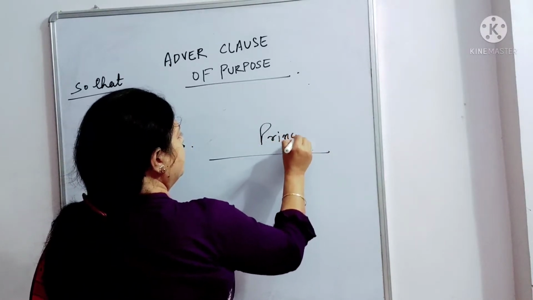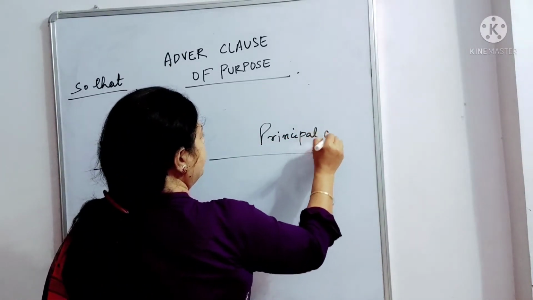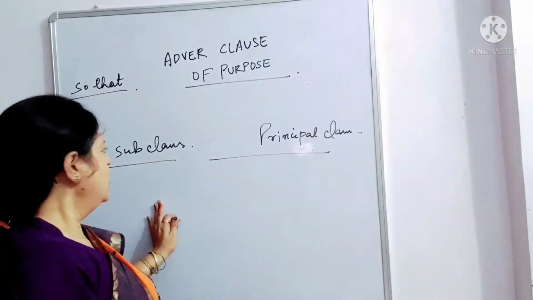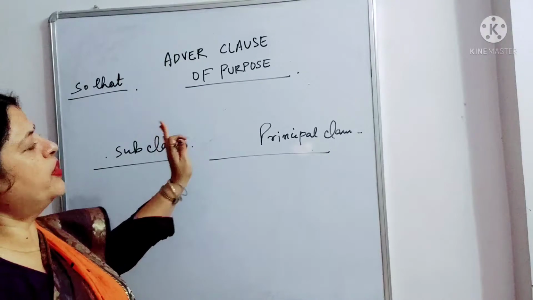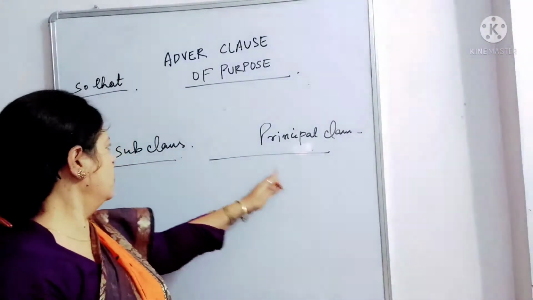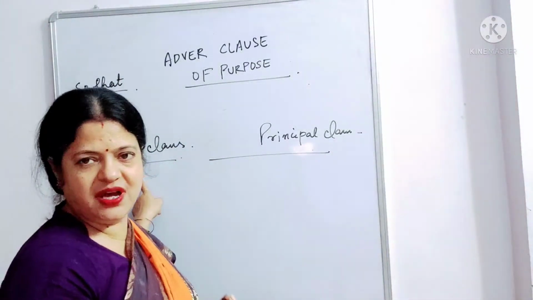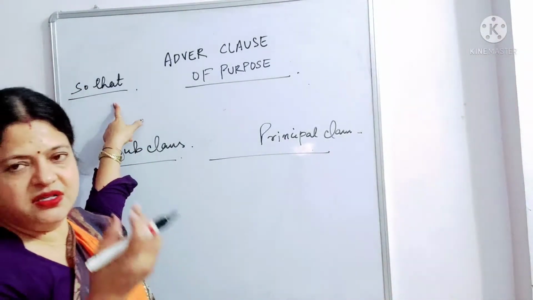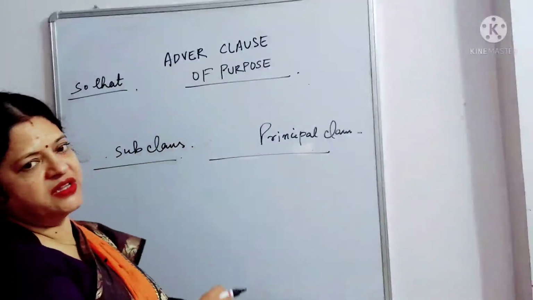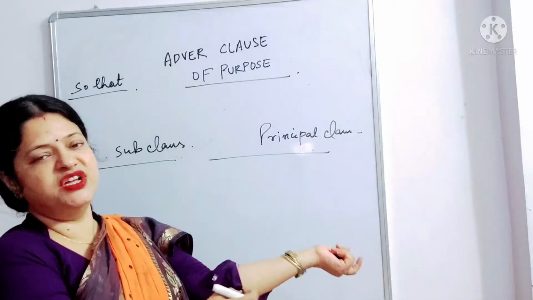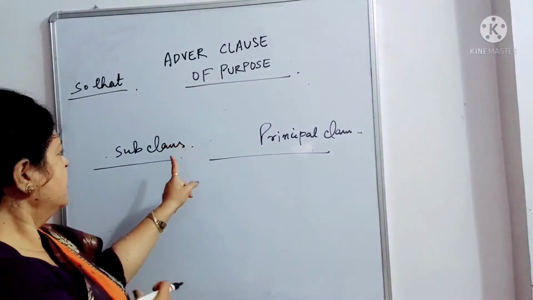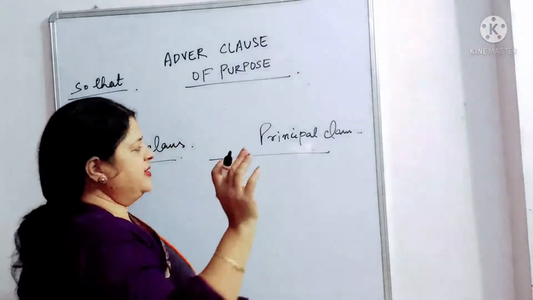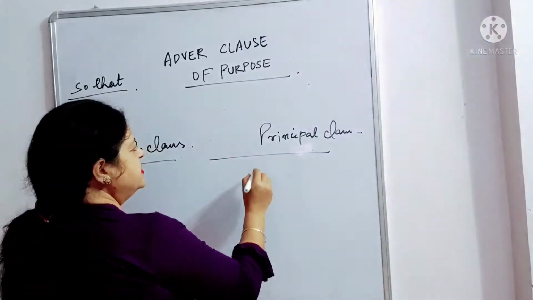Okay. I think the board is visible to you. So this is subordinate clause and this is principal clause. Subordinate clause, of course, is starting with the subordinate conjunction. Suppose we take so that, this is the conjunction. If we take this conjunction, so subordinate clause and principal clause. In this principal clause, there is a verb.